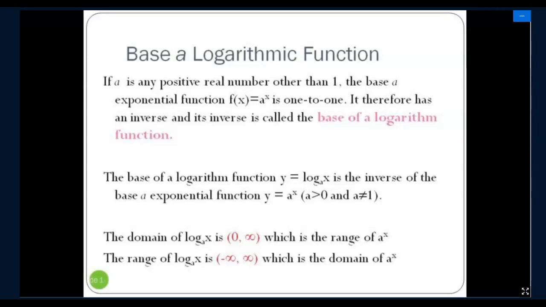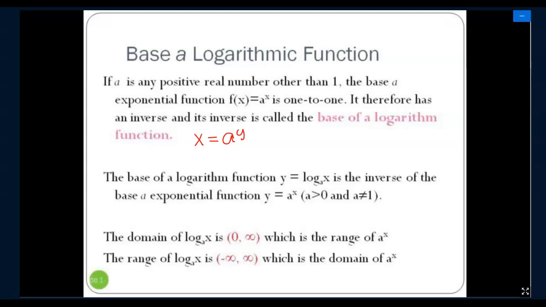We know that a to the x is 1 to 1, and its inverse is going to be a variation of that. So essentially, to find the inverse of a function, we know that we flip x and y. So this would be like saying x equals a to the y, and you want to try to get y by itself.